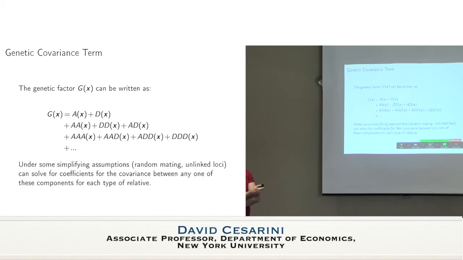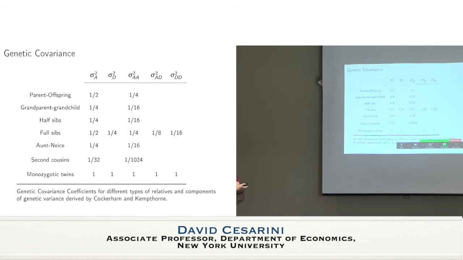Fisher and Wright both got stuck. Even with random mating, they were able to infer the genetic covariance for some of these terms, but not the higher order terms. But it turns out you can do it in general.